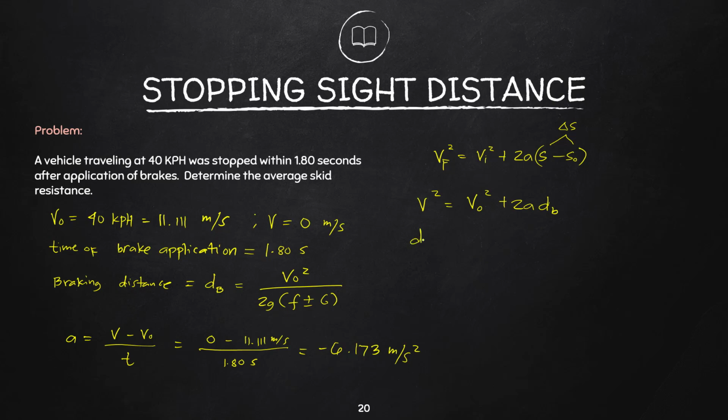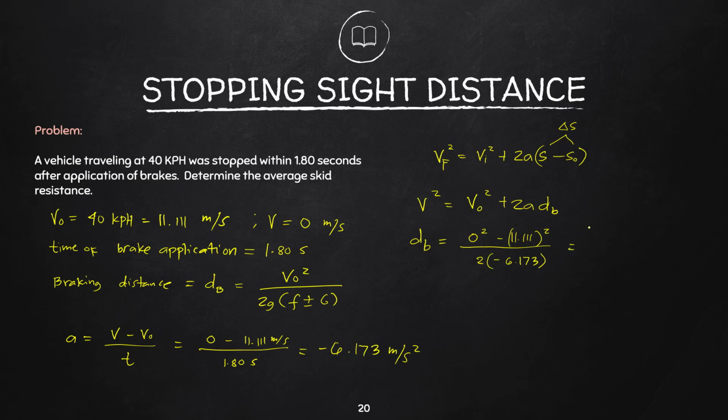So d sub b in this case is equal to the final velocity squared minus the initial velocity squared, transposing this to the other side, negative v0 squared, or 11.111 quantity squared, cross multiplying to a, over 2 times negative 6.173.